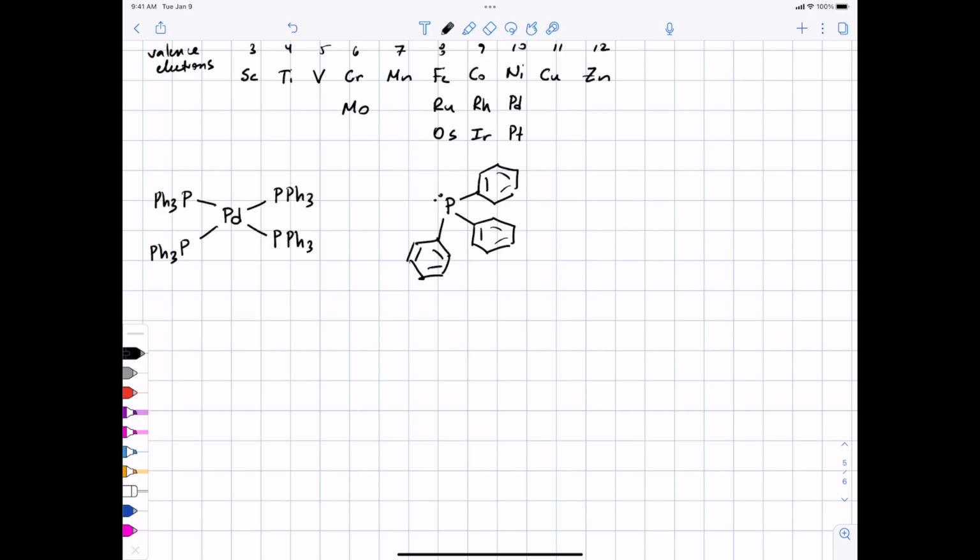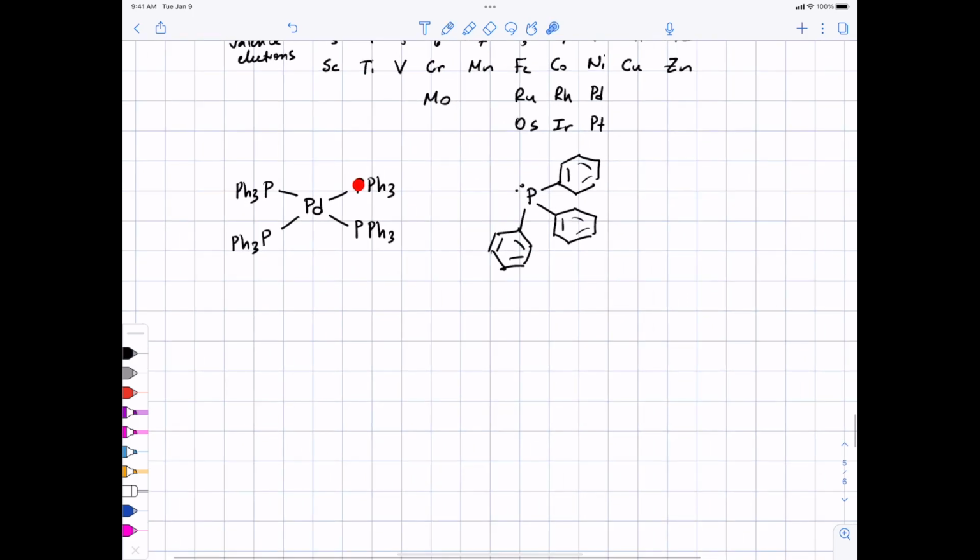Now, the rules for drawing transition metal complexes are a little bit different than the rules for drawing organic molecules, because people don't obsess over formal charge on atoms in transition metal complexes. Some of you may have been looking and saying, holy Toledo, Batman, look at all of those bonds that phosphorus is making. 4 bonds to phosphorus.